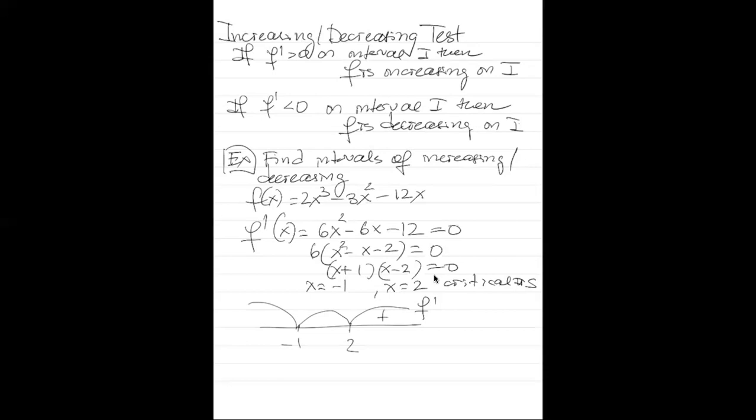You're going to get negative, and here you're going to get positive. So the pluses mean increasing. We can say f is increasing where the pluses are. That means from negative infinity to negative 1. Never do brackets on intervals, always open interval. And from 2 to infinity. And we can say f is decreasing from negative 1 to 2.